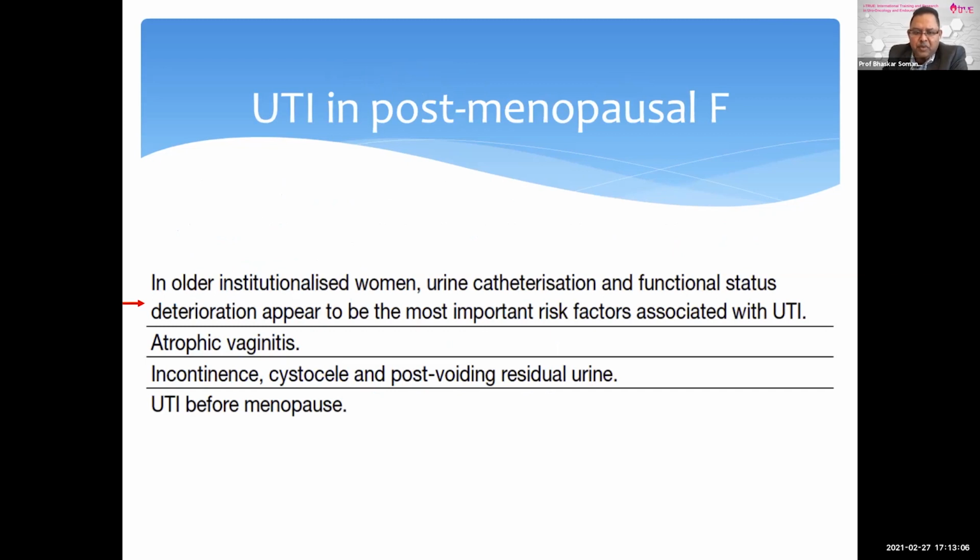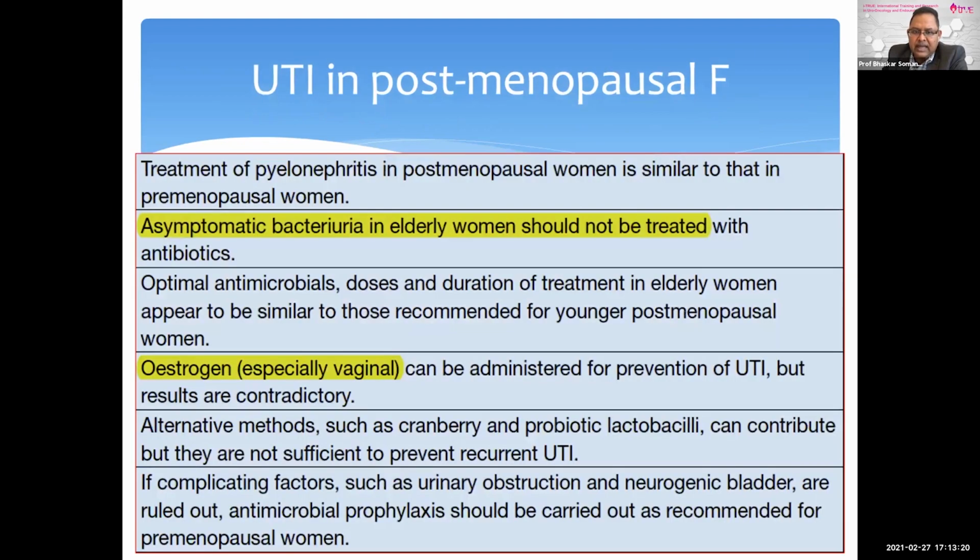It is much more common in institutionalized women, especially with catheters, or if they've had a functional decline. Atrophic vaginitis is quite closely associated with it, and other things that increase your post-void residual urine. In these, asymptomatic bacteriuria in the elderly should not be treated. However, you can try topical estrogens, etc., which can be helpful.